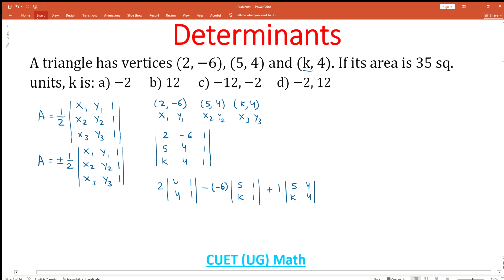Now we can evaluate the determinants for these 2 by 2 matrices. For the first one we do 4 times 1 minus 4 times 1. Minus -6 is equivalent to plus 6 times, then we do 5 times 1 minus k times 1.